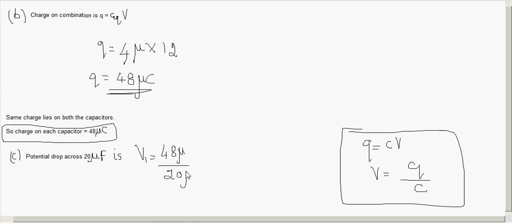Micro will get cancelled. So this is 48 by 20, which is 2.4 volts. Similarly, potential drop across 5 microfarad.